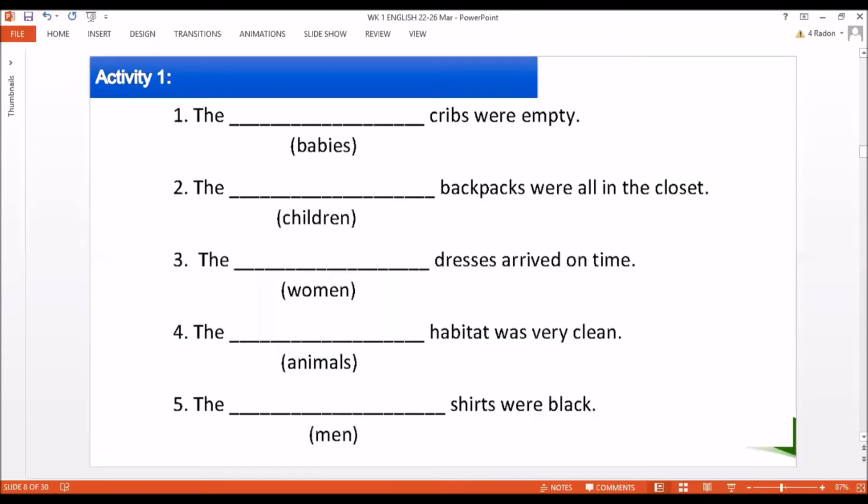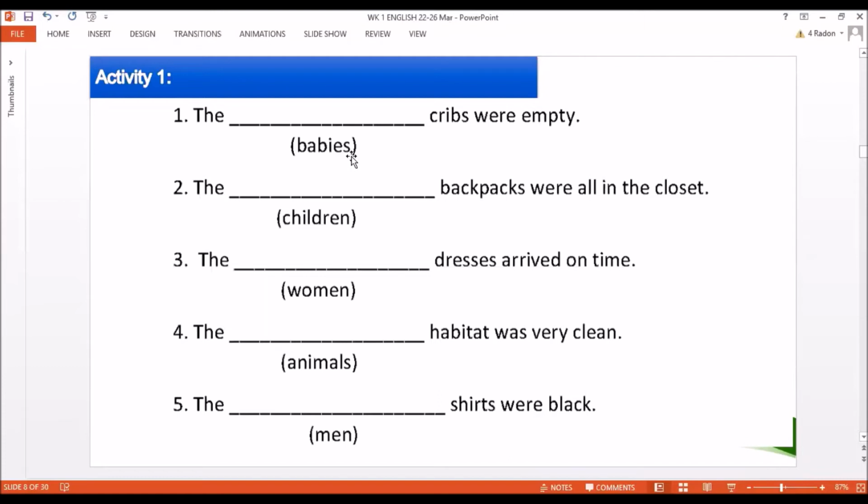Here in activity 1, we will simply add apostrophe or apostrophe S. So number 1, the baby's cribs were empty. This is our plural word, babies.